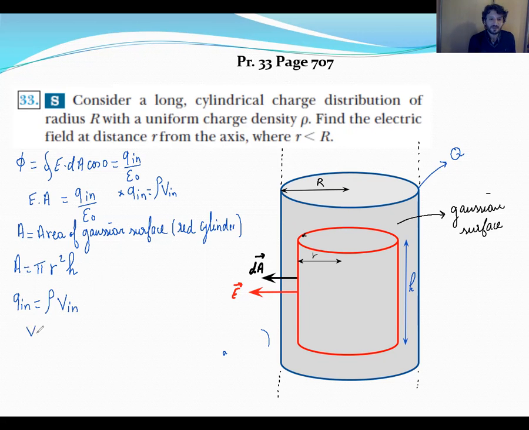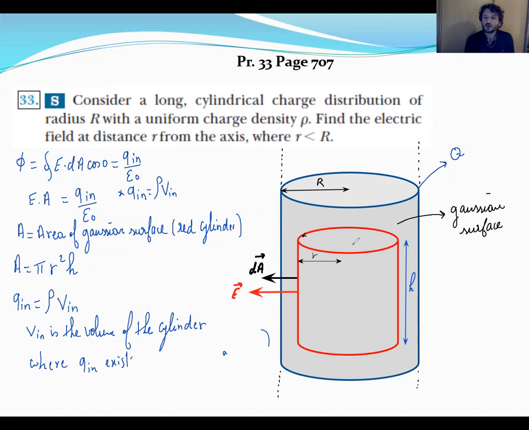We can say Vn is the volume of the cylinder where Qn exists.